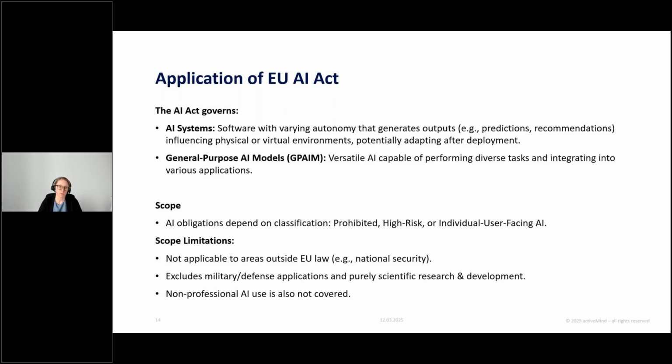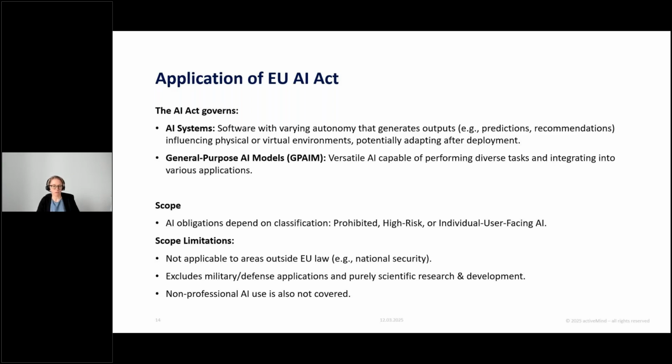The scope of the EU AI Act is that AI obligations depend on classification. So the EU has chosen to classify risk. Some of the technologies and systems are prohibited. Then there are some classified according to high risk or individual user facing AI. And depending on what level of risk the system is categorized into, the obligations are higher or less stringent.